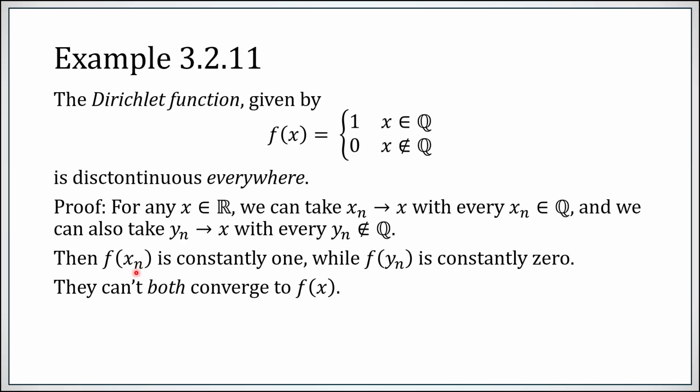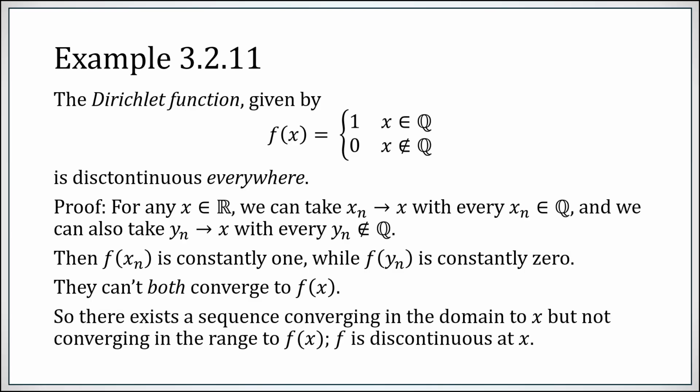So this sequence is constantly 1, it converges to 1. This sequence is constantly 0, it converges to 0. They can't both be converging to f of x. So at least one of them is a sequence converging to x in the domain, not converging to f of x in the range, and one such sequence existing means the function is not continuous there. Where were we talking about? An arbitrary x. So the function has no points of continuity.